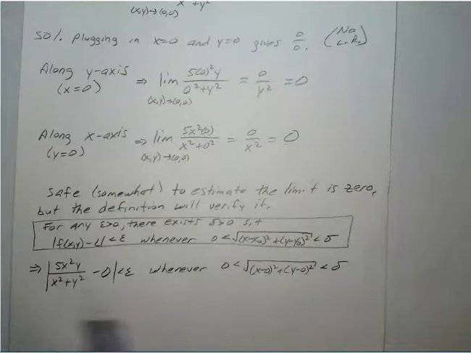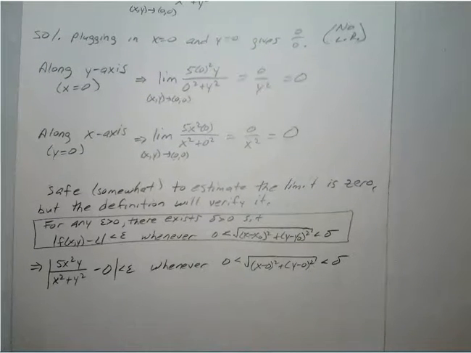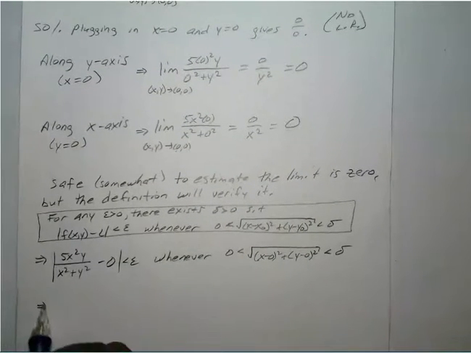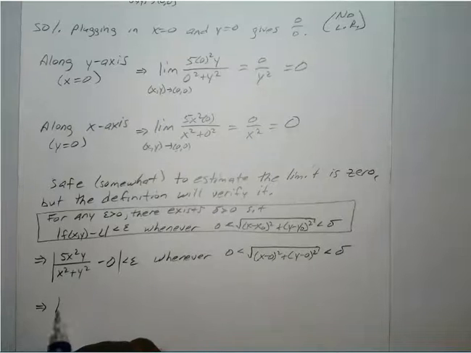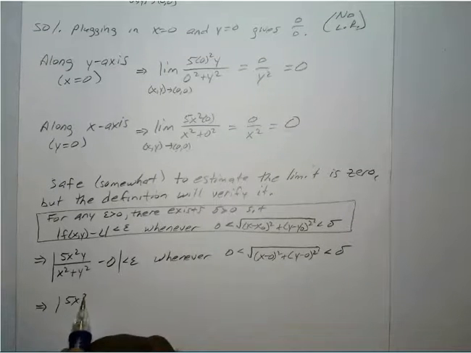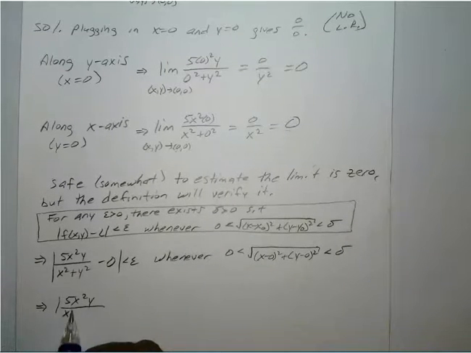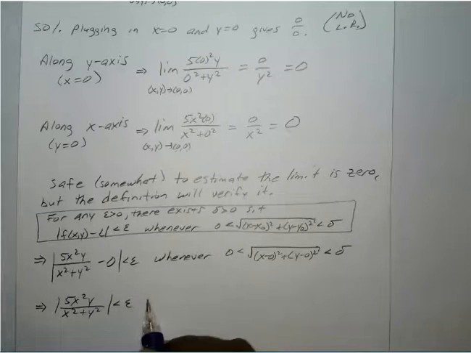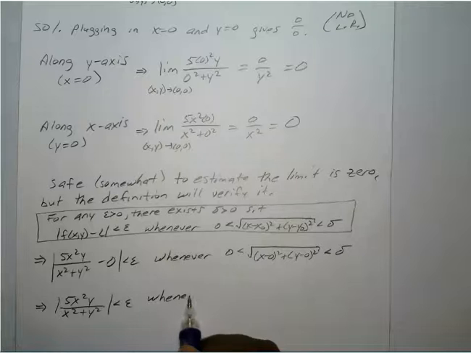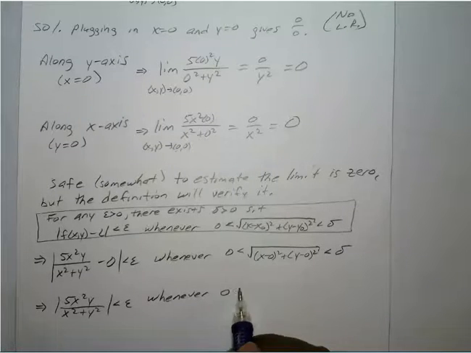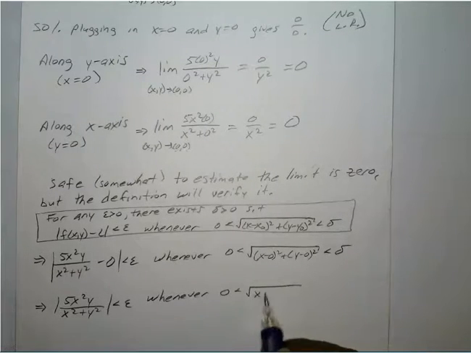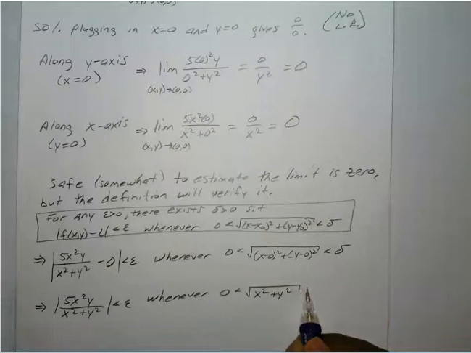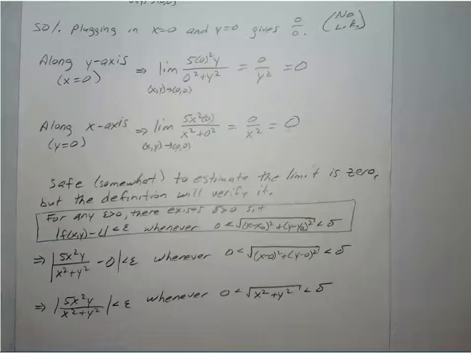Okay, so simplifying these and taking away those zeros, it's going to be the absolute value of 5x squared y over x squared plus y squared less than epsilon whenever 0 is less than the square root of x squared plus y squared is less than delta.